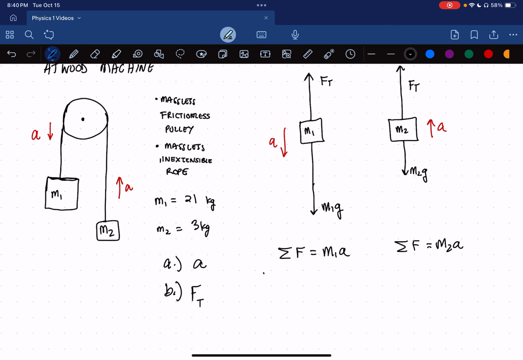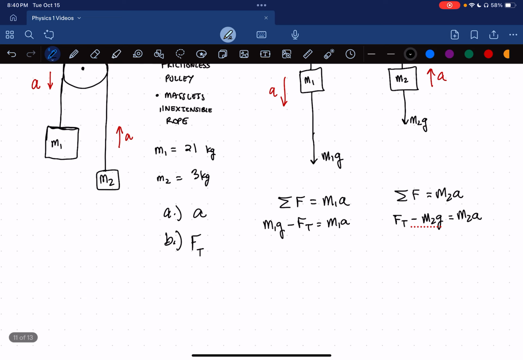So let's write this equation. This is m1g minus Ft equals m1a. Over here, Ft goes first, minus m2g equals m2a. Cool.